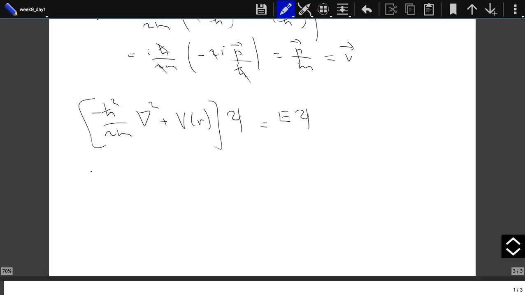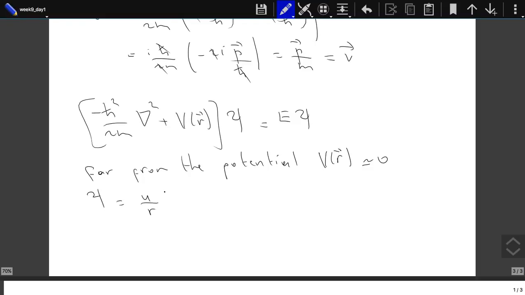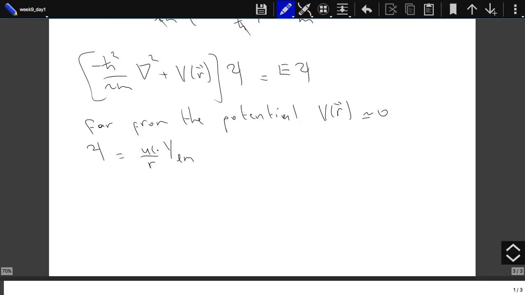Now, very far away, the potential V of R will be 0. We can look for a solution in the form, let's say u over r times Y_lm. We can look for such solutions. And the equation satisfied by this u of r will be just minus h bar squared over 2m d squared u by dr squared.